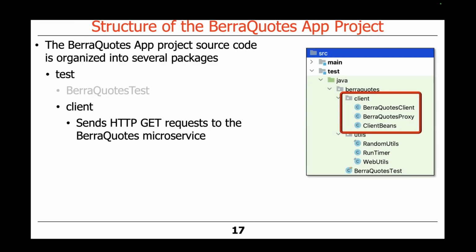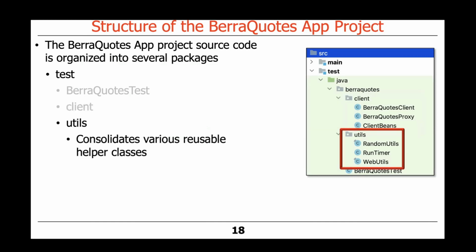We'll see that the BerraQuotes client looks like method calls that are just good old Java method calls. The BerraQuotes proxy is what the BerraQuotes client's methods call, and that performs the translation or transformation from native Java code into the underlying HTTP requests that will be sent across the network.